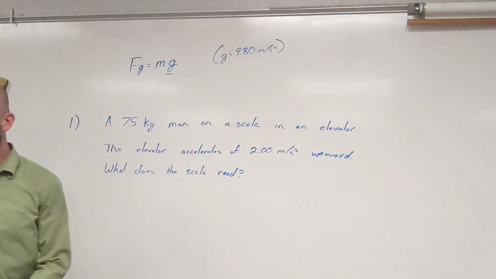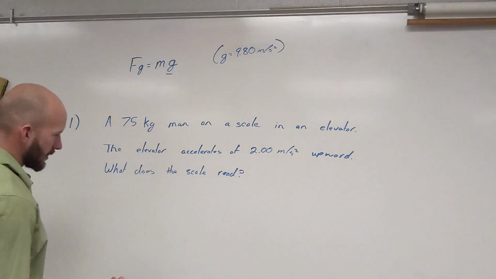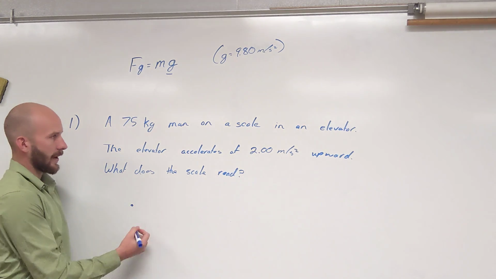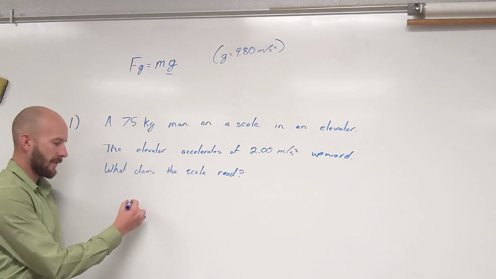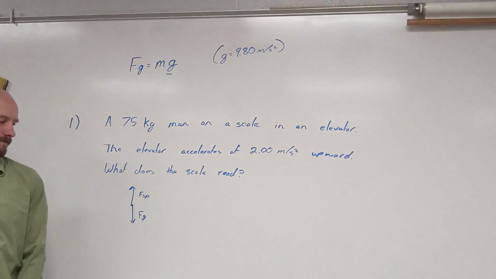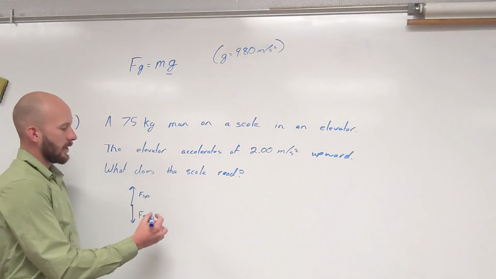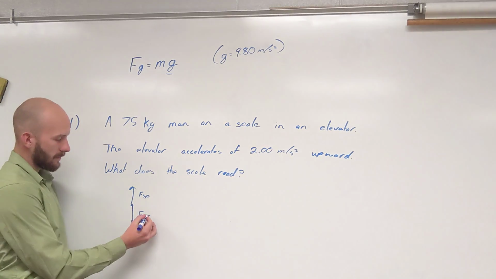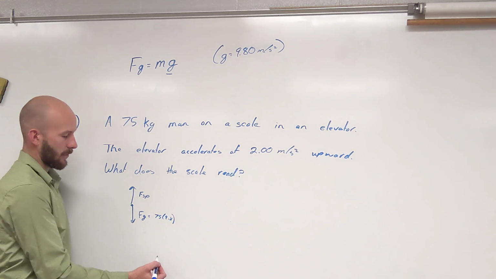I'm going to break it down a little bit. So the way that I would process this, if we draw a free body diagram, we know he's accelerating upward. You've got F sub G and spring force, right? We know F sub G, or we can calculate it pretty easily, because that is just 75 times 9.8.